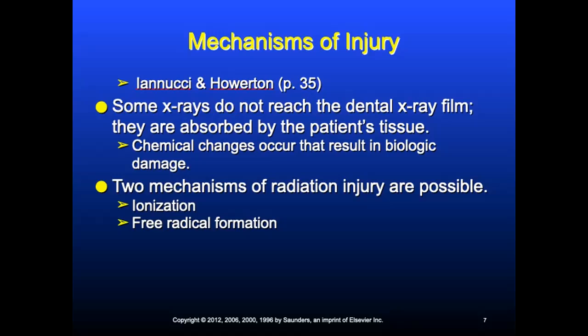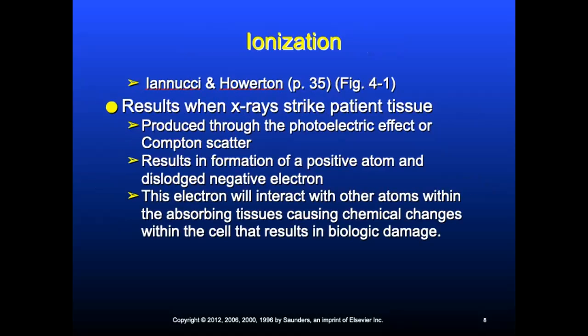And this can be done through some of the effects that were discussed in chapter 2, which are the photoelectric effect, which is absorption, and the Compton scatter, which is a type of scatter radiation. So this results in the formation of a positive atom that's left behind, and then we have a dislodged or a negative electron that got bumped out.